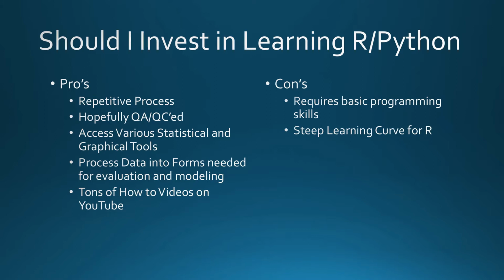You can process the data into forms needed for evaluation and modeling. And for both R and Python, YouTube is a treasure trove of places to go to see how to do things with these two scripting languages. The cons: it does require some basic programming skills and it has a steep learning curve, especially for something like R. But I think the benefit is that once you learn it, it's going to let you be more productive.